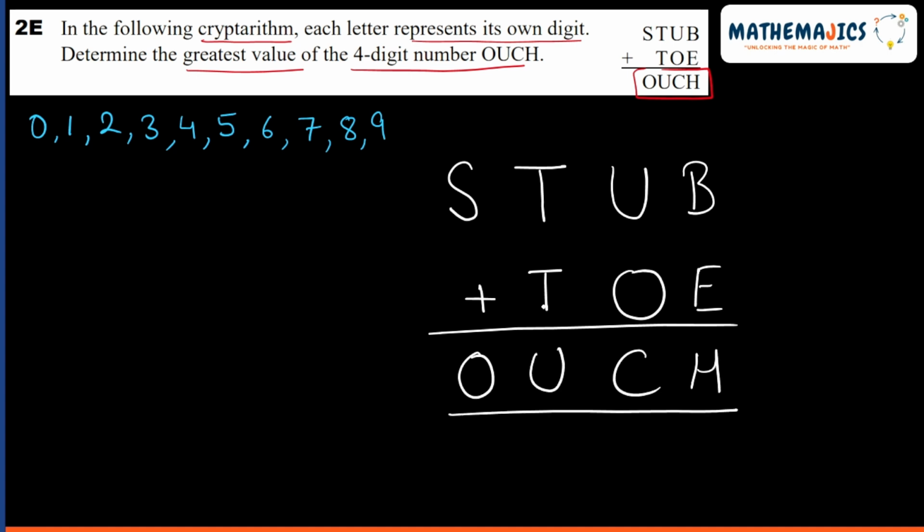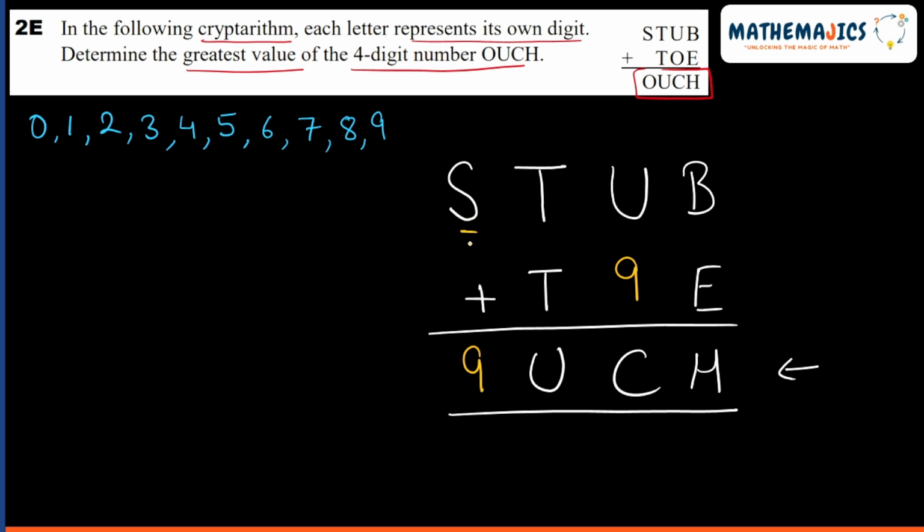Yes. Now to make this the largest possible number, please think what should be the value of O. The value of O should be 9, so that this is the largest possible number that we can have. So let's replace all the O's with 9. So we have to replace this O and this O with 9. 9 and 9. Now please think what should be the value of this S so that this becomes 9.